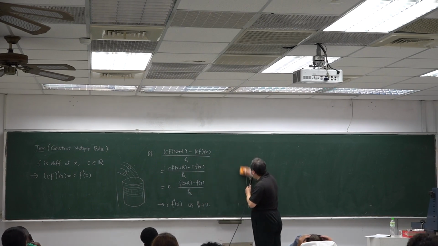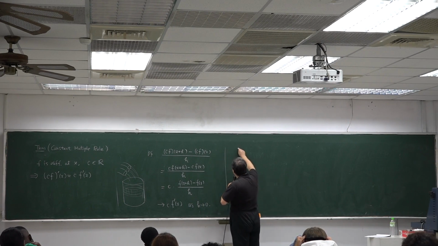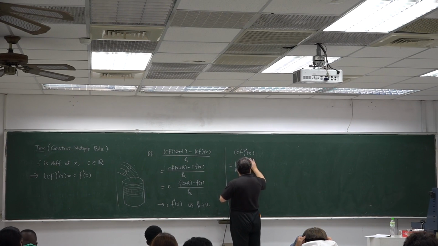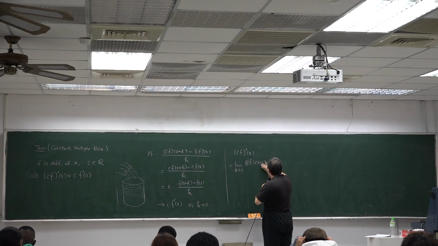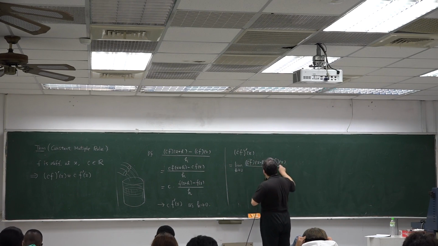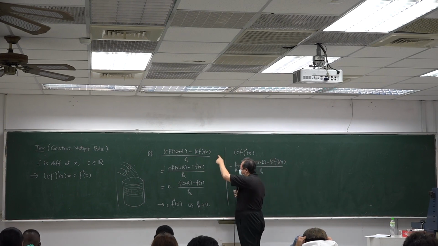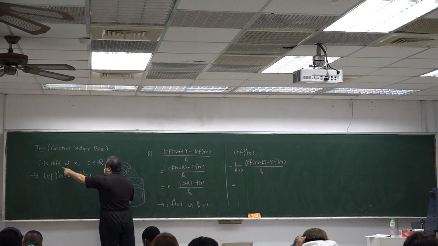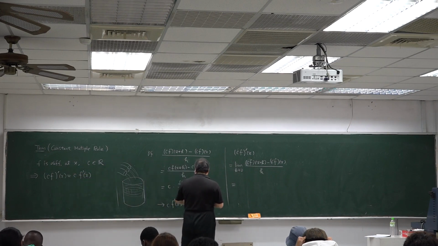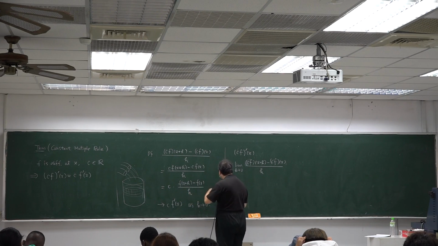This means that c f, whose derivative at x by definition is the limit of this difference quotient, and our calculation shows under this condition, and by the limit theorem, this limit is c times this limit.